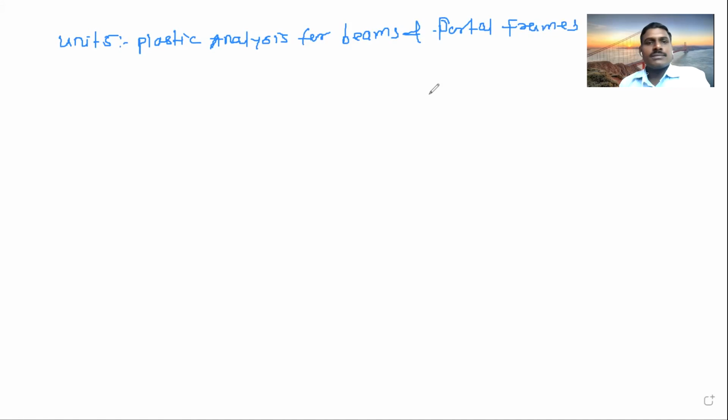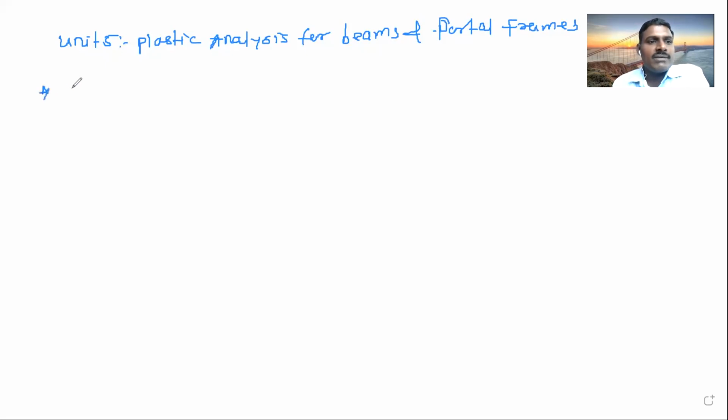Okay, so we have covered the basic difference between elastic analysis and plastic analysis, with the example of one body in the elastic condition and one body in the plastic condition, and how the moment is generated. Now we will see the formula for plastic moment and elastic moment.